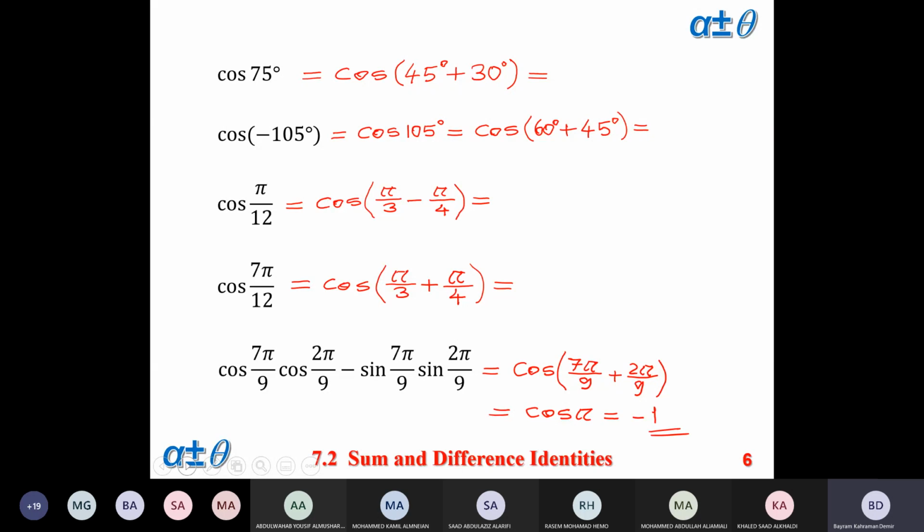Cosine of A plus B. And I have cosine of negative 105. Well, it is the same as cosine of 105 because cosine is an even function. So cosine of 105 is the same as 60 plus 45, correct? So it is just the cosine of A plus B formula.